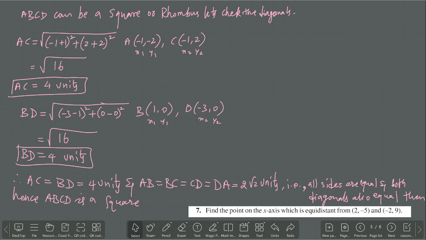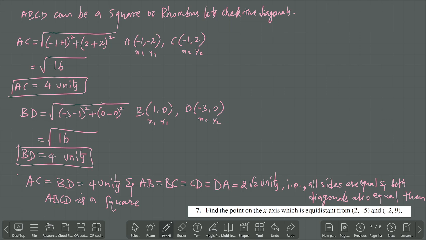Then ABCD is a square. Instead of giving that directly, write all sides are equal and both diagonals equal, right?